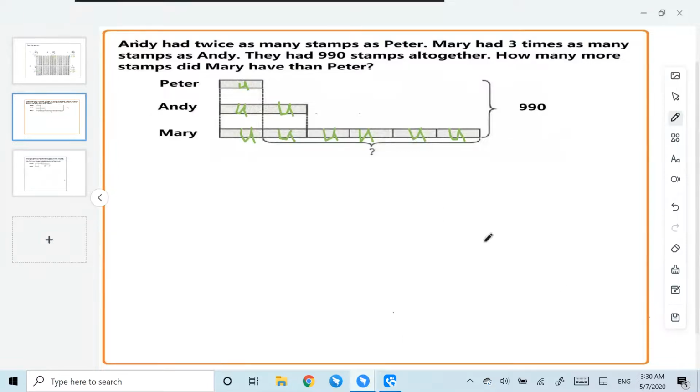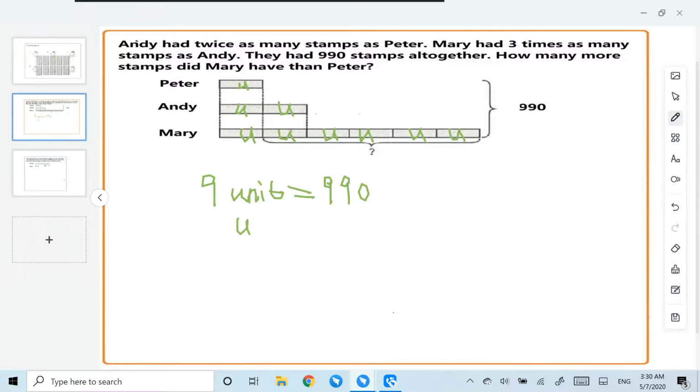So now 9 units equals 990. Is that right? And so I know 1 unit.